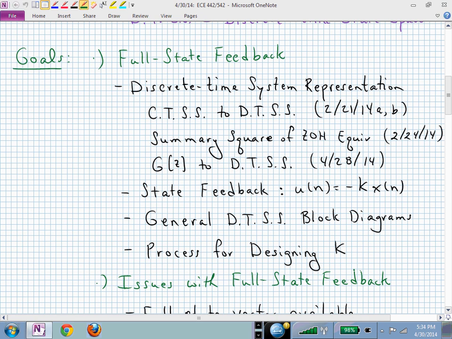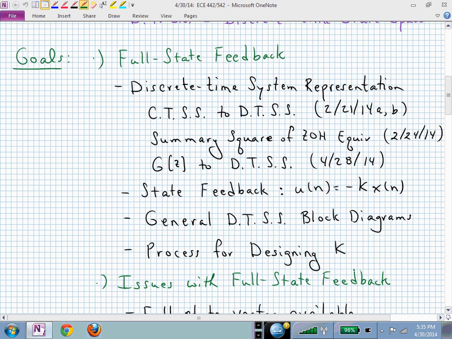Each of those gets measured and scaled by a scaling constant K. K is now a matrix, and it will weight each of those state variables and inject that into the input of our system. The idea is to create this gain matrix K to change the dynamics of our system. We may not be happy with the original dynamics of our system, and we want to change those dynamics with full state feedback. That's the idea.